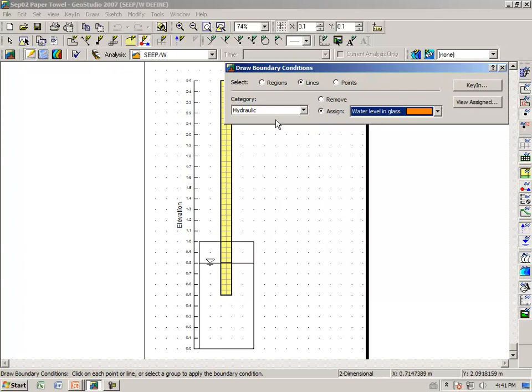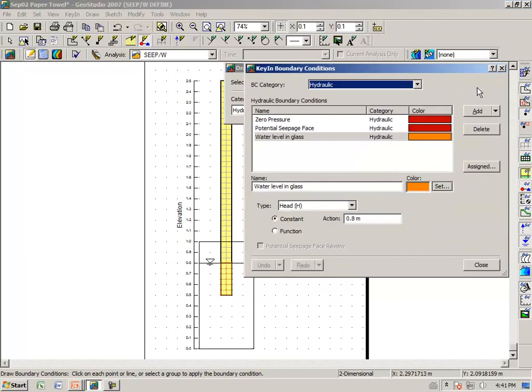In this particular case, what we're going to do is assign the boundary condition to a region. So all the paper that is below the water table, so to speak, we are going to apply this particular boundary condition. Very briefly, the boundary condition is a total head of 0.8 meters.